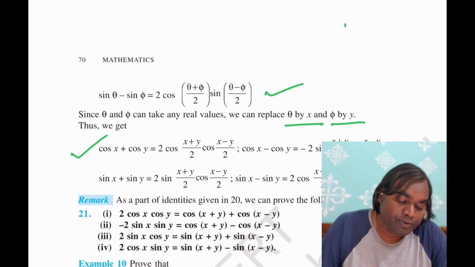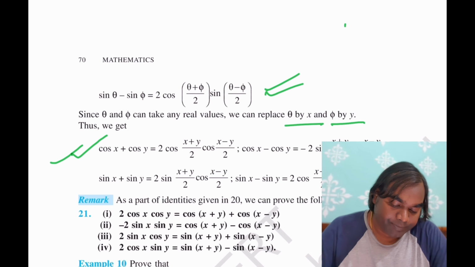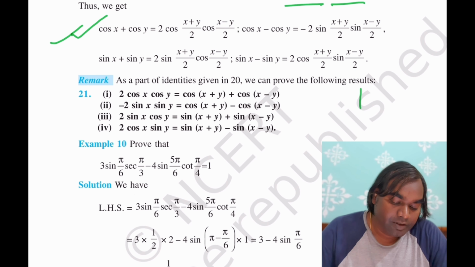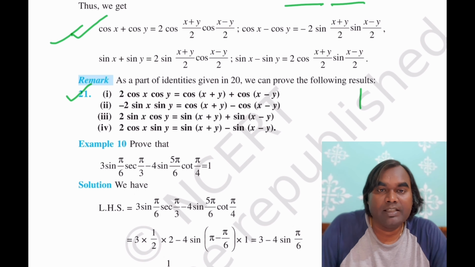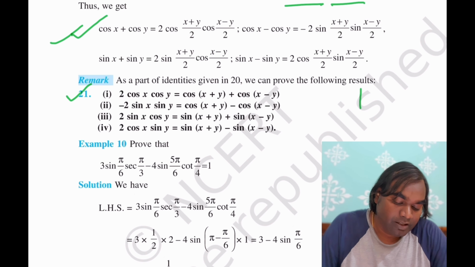So there is no problem, you can remember this or this. These are also relations which we proved by adding and subtracting the identities.